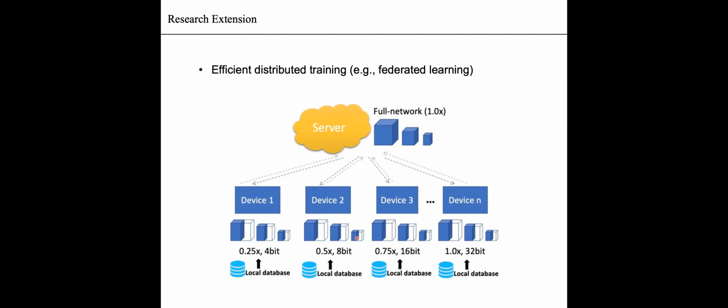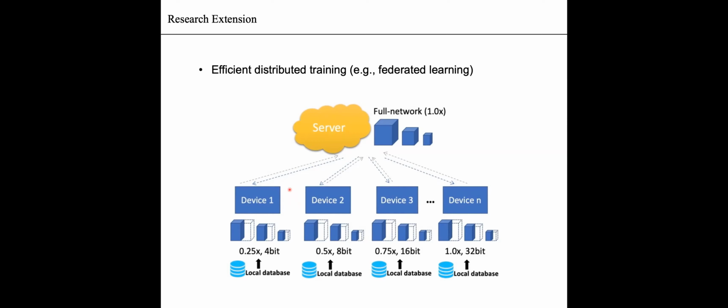So we can apply this kind of dynamic network strategy by deploying different network architectures, right? This one may have the full network, this one 50% of the network, maybe this is 75%, and this is 30% of the full network. And also considering the communication bandwidth, maybe we can do further quantization, right?